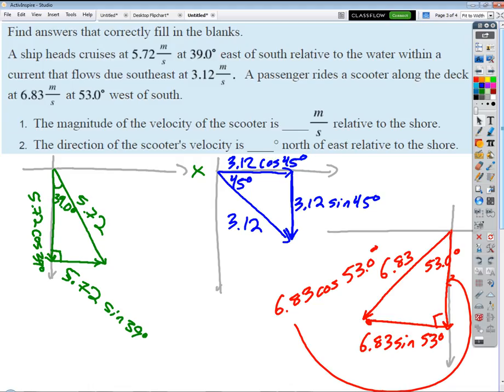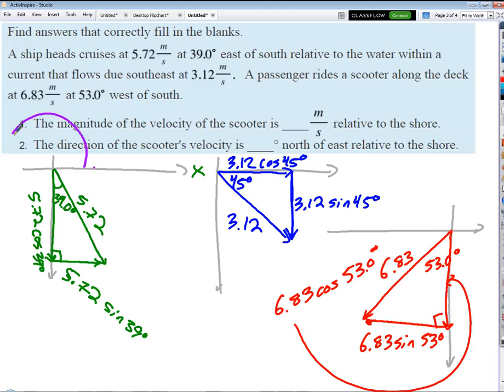For example, this angle up here: 39 degrees east of south would be this guy right here. That's the same thing as saying if I start here and go around, that's going to be 270, because I go through 90 degrees, another 90, and another 90, plus 39 would be 309.